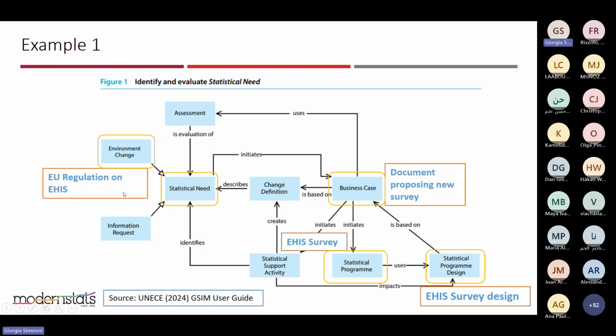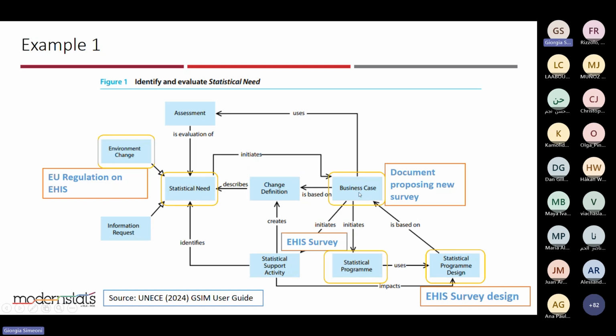So suppose that we have a regulation on the European Health Interview Survey that is entering into force. So we have an environmental change that provides the statistical need. The regulation is very clear in the definition of variables, of units. So we have already a very clear definition of the need.